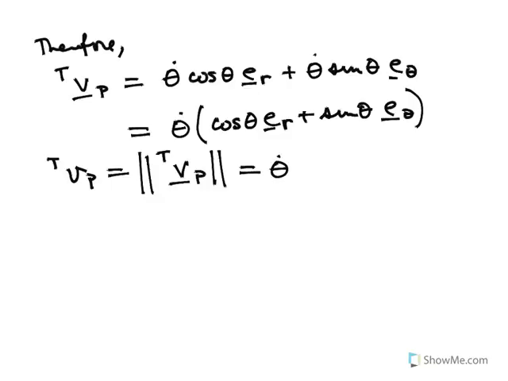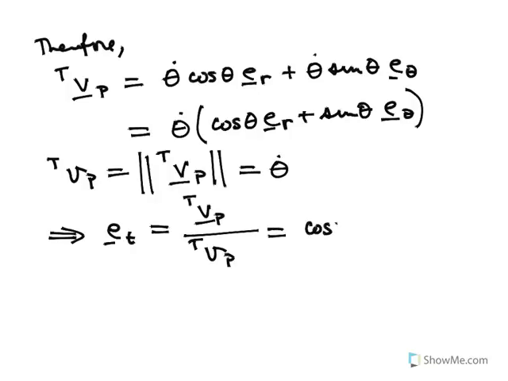So that's the speed. That tells me that the tangent vector to the track, which is equal to the velocity of P as viewed by an observer fixed to the track divided by the speed as viewed by an observer fixed to the track, is just equal to cosine theta ER plus the sine of theta times E sub theta.